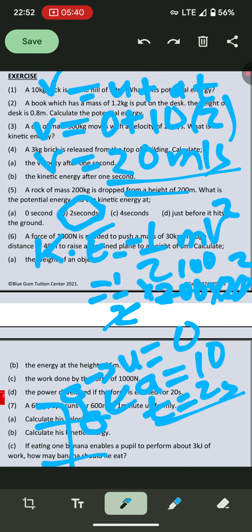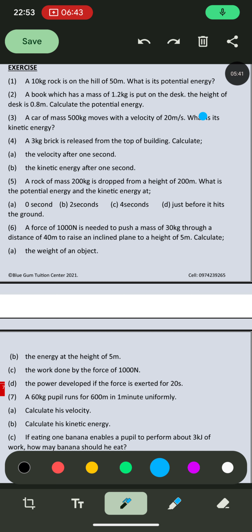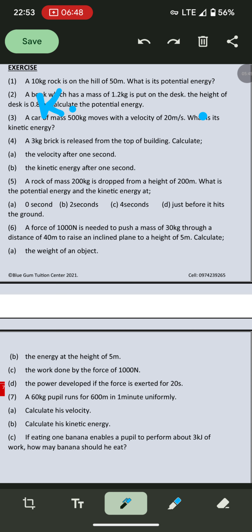I don't want to get a calculator, but I think we're going to have 40,000 joules as kinetic energy. So when you solve, our kinetic energy is going to be 40,000 joules. Now look at what happens next. Now we have the kinetic energy as 40,000 joules. Is it 400,000? It's 40,000 joules, right?